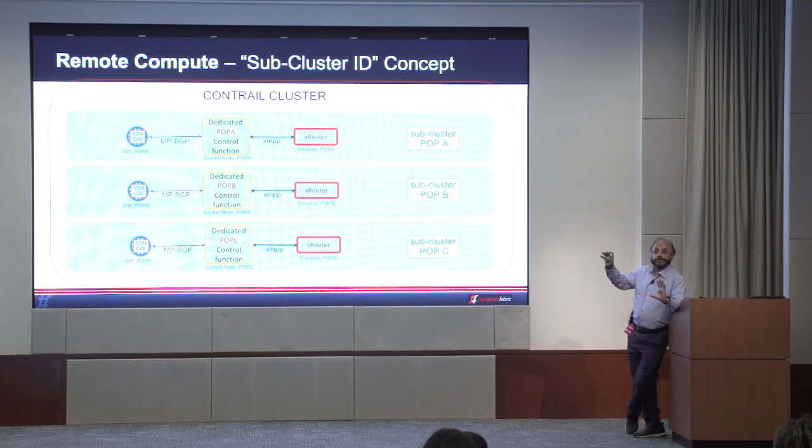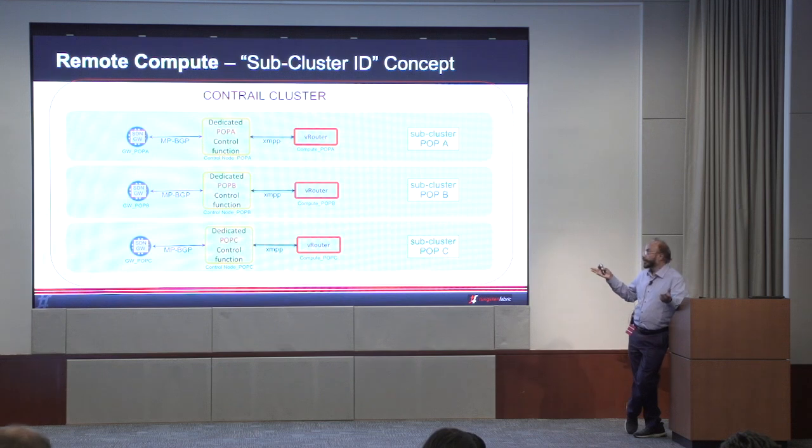To deploy what I described so far, it may sound very complex, but it takes 2 or 3 configuration commands. That's all it takes, and all the rest of the magic takes place automatically behind it. You simply specify which compute nodes are going to be in POP A, which in POP B, which in POP C, and we will automatically launch the gateways, and you provide the credentials for where the gateways are, like which cloud or which place.